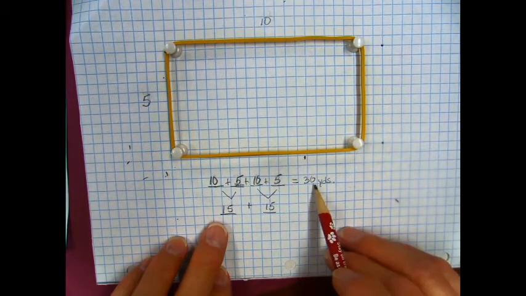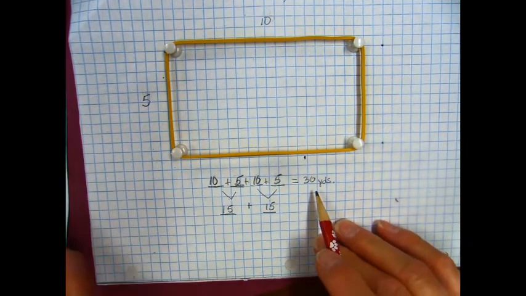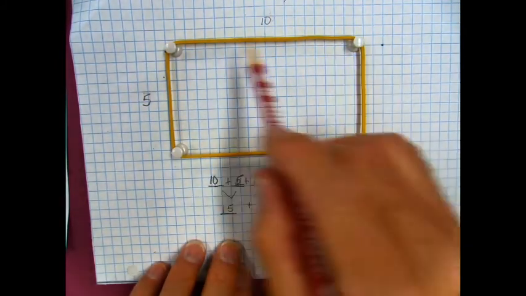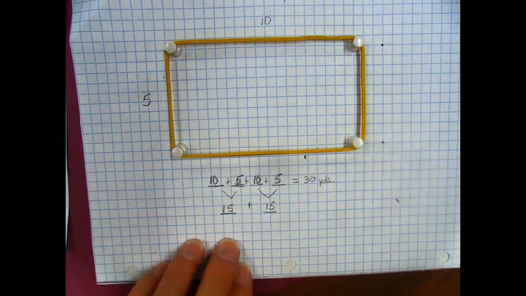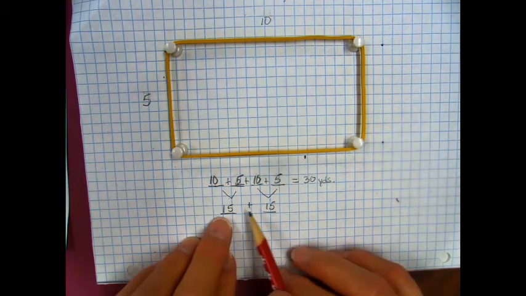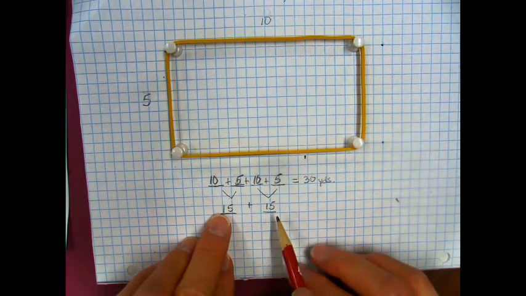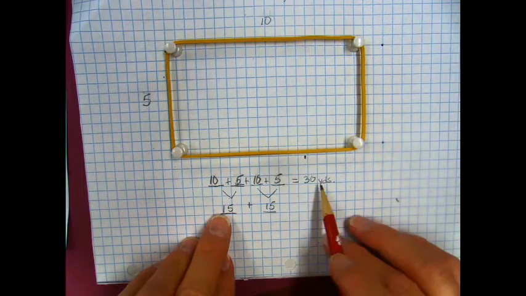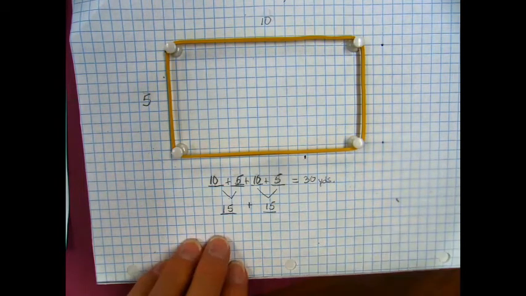So we have quite a few choices with how we can design our dog pen, as long as our lengths and our widths add up to 15, which is going to be the total length of the fence. So I'm going to leave this like this. I'm going to say this is 10 yards, and this is 5 yards.